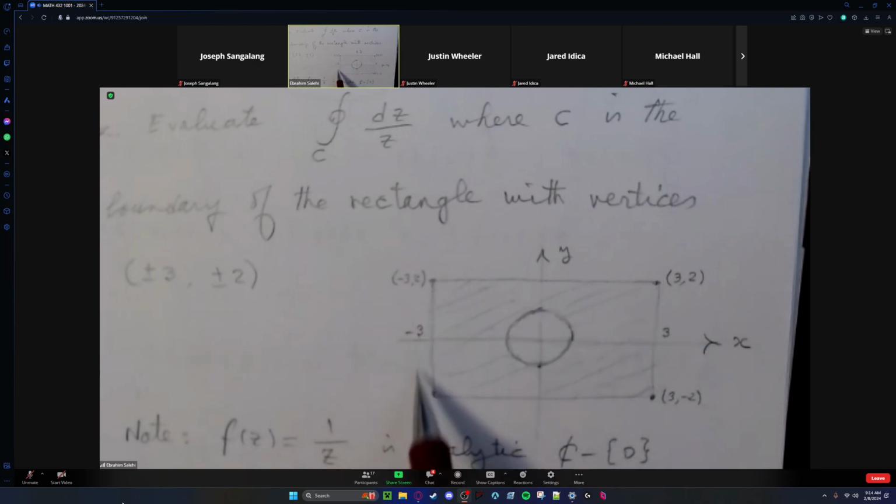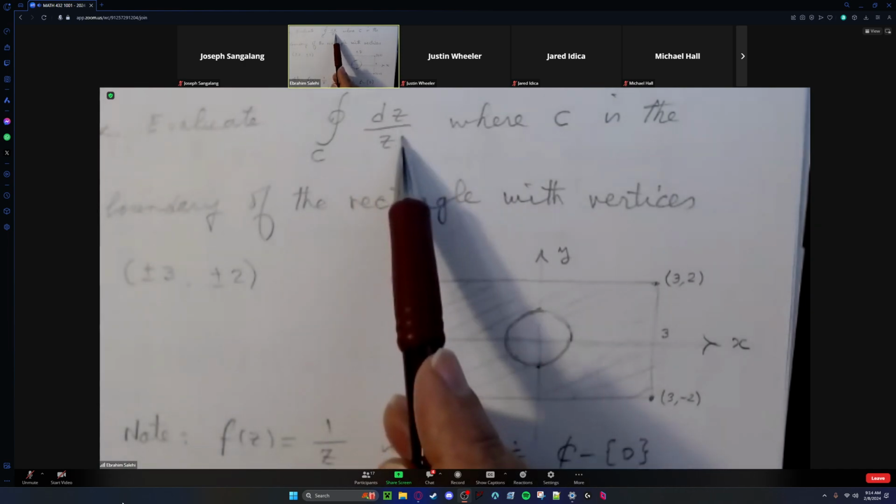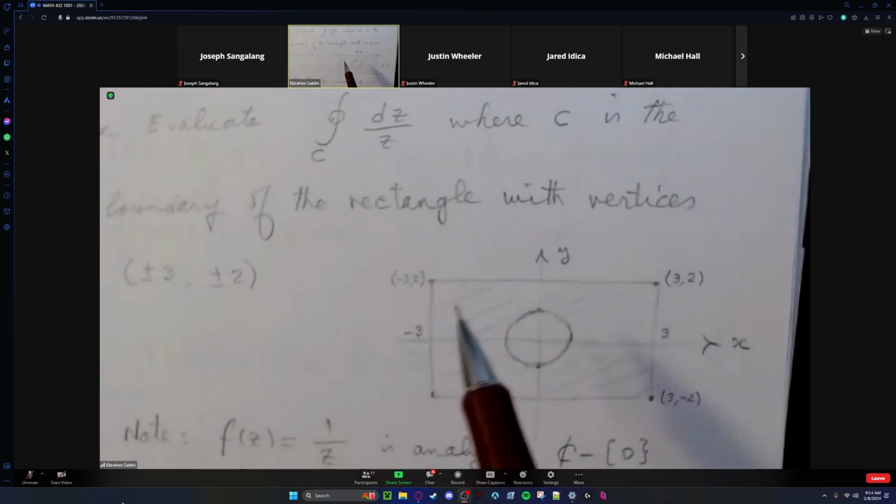This is the rectangle. We remember, in complex analysis, we always integrate over a curve. But the bad point here is 0, which is here.